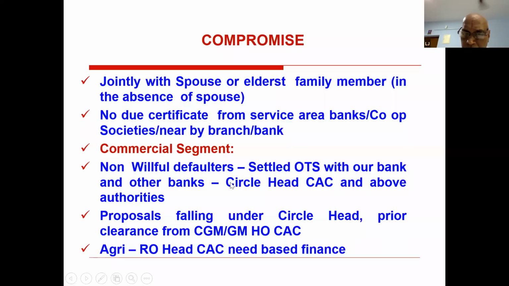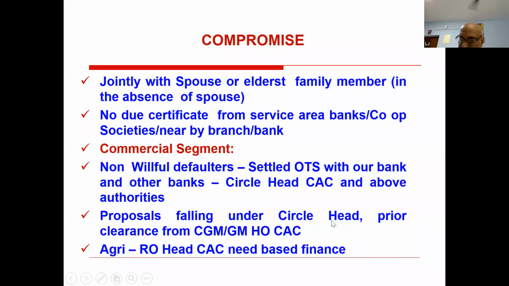So non-willful defaulters who settled OTS with our bank or other banks, circle head CAC and the above authorities can give fresh loans for the commercial segment. Proposals falling under circle head can be sanctioned only by the circle head. RO cannot sanction, no other authority in the RO, no other authority in the CO can sanction, only circle head.